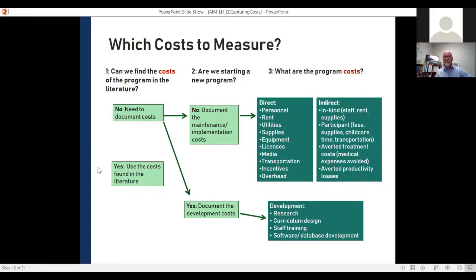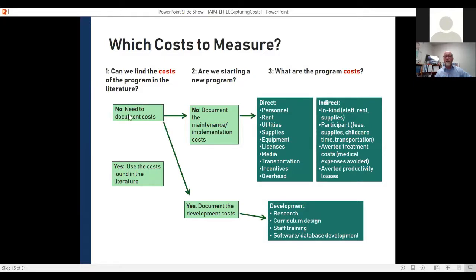And if we can find the cost data in the literature, that's often good enough to answer questions that people, whether it's legislators or the general public, might have about our interventions. We can find those in the literature and use those costs. We might have to make some adjustments in terms of inflation, depending how long ago those costs were documented.